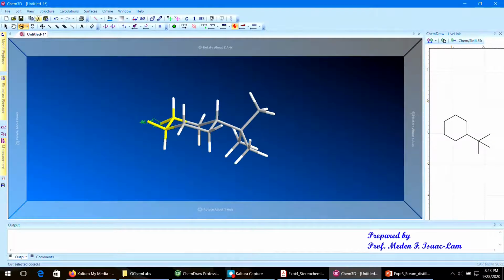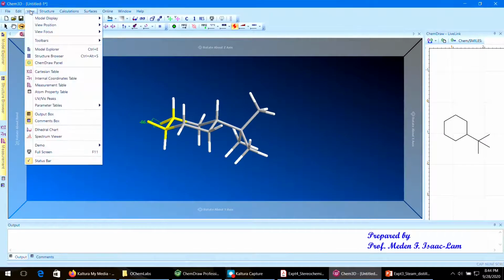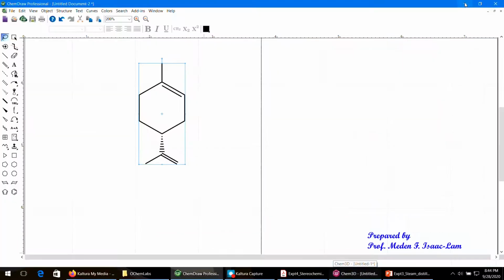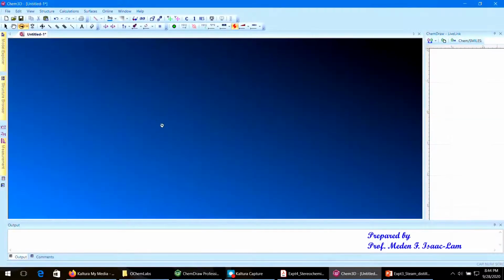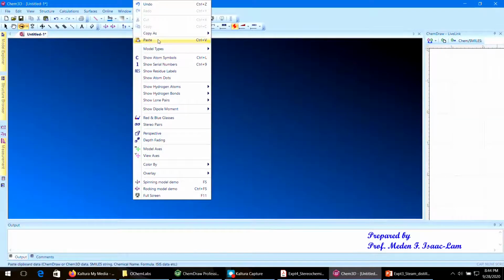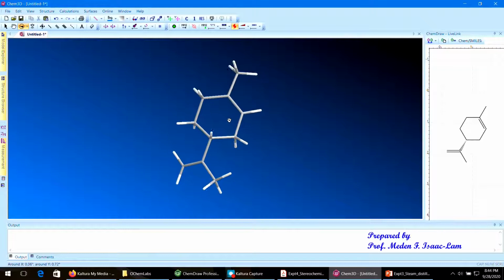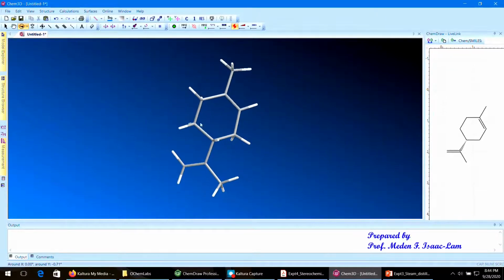So we are going to transfer this drawing into Chem 3D. Paste. And now we have the molecule also shown on the right side.